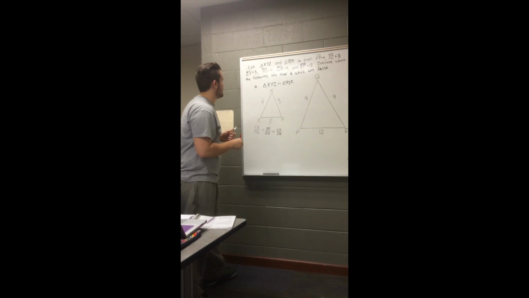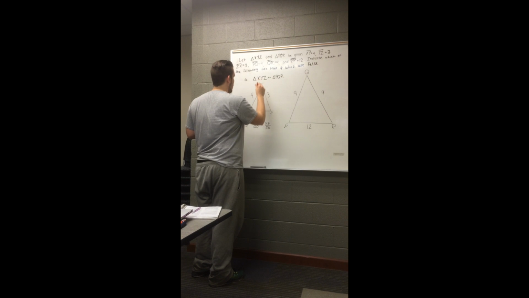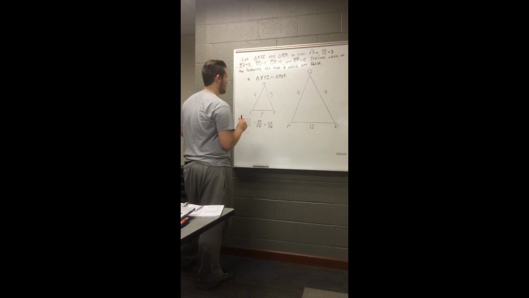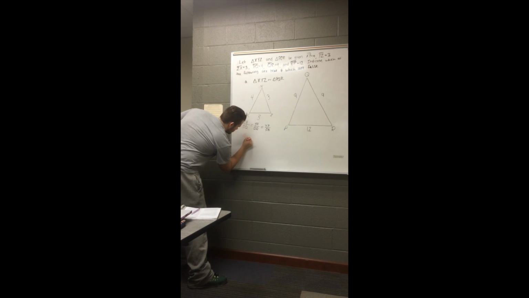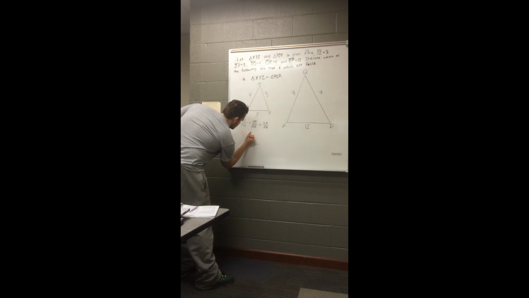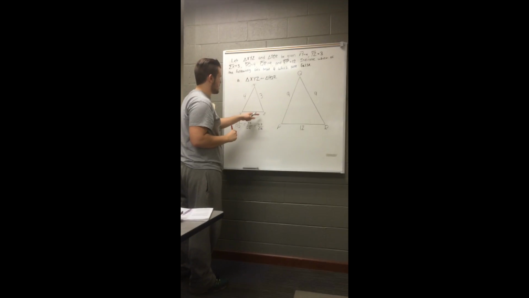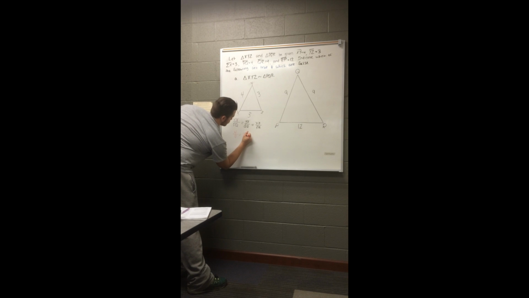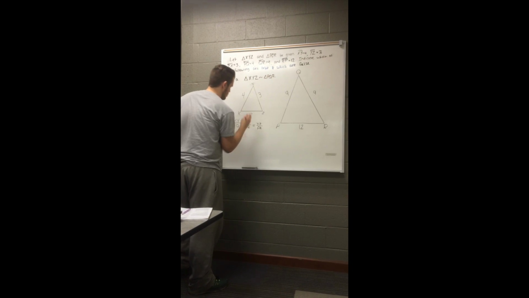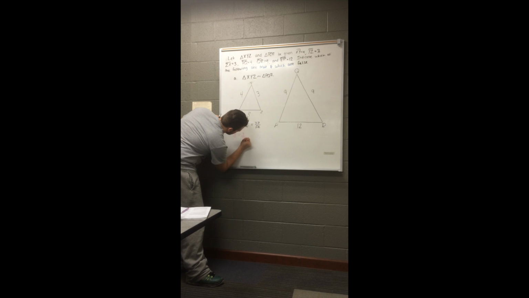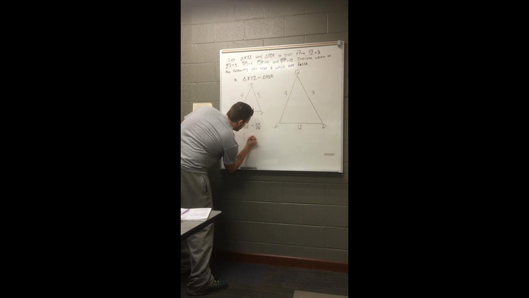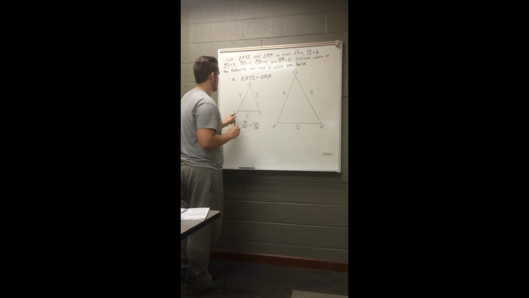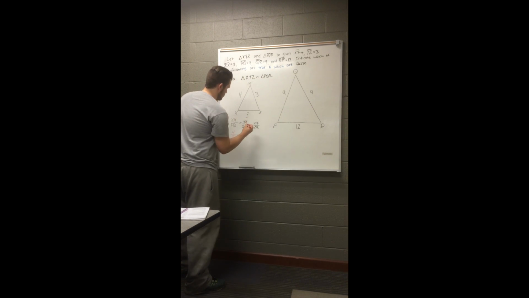So our first one is, we have XY, which is 4 over PQ, 9, equals YZ is 3 over 9 QR is equal to XZ over PR.